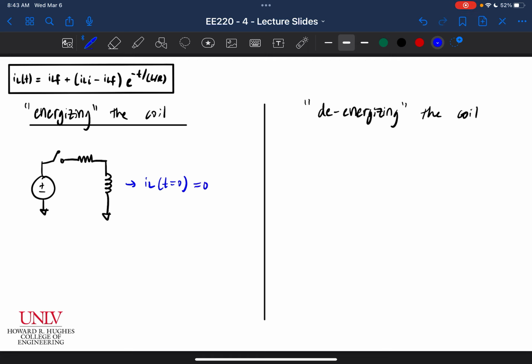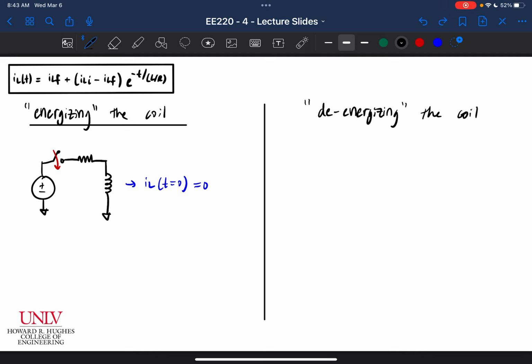That means there's initially no current flowing in the inductor, which is clear by the fact that this switch is open. Well, when I close that switch, at some time, probably time t equals 0, what's going to happen is my current is going to start ramping up just like my voltage did in my RC circuit. That's the behavior that is described by this equation up here.